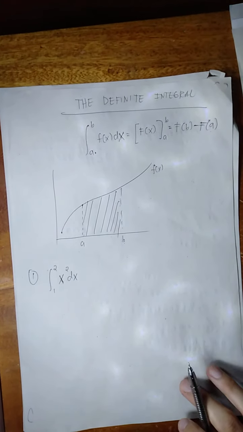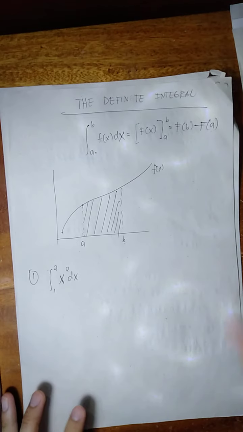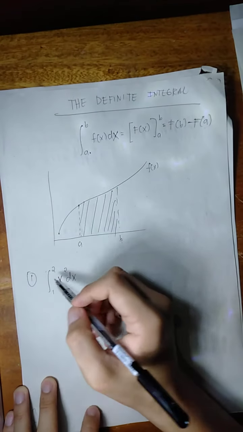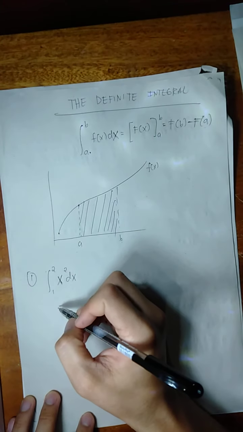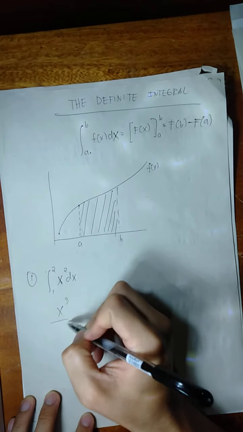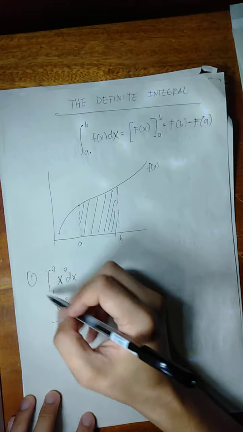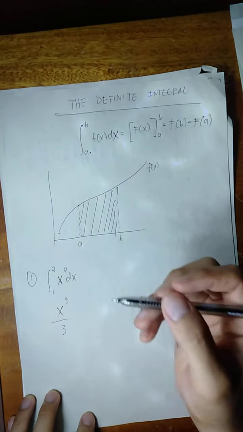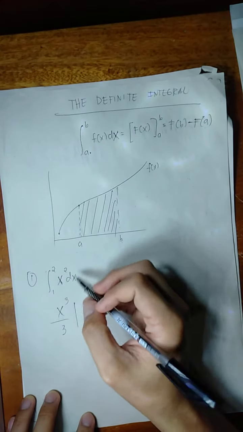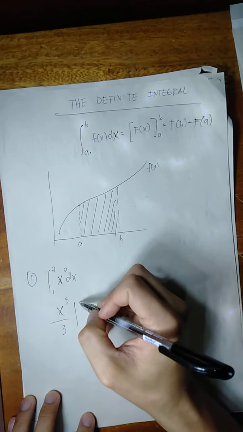Let's try to integrate. Sabi ko nga, integrate nyo lang yung function. What is the integral of x squared? Power formula lang yan, di ba? X cubed over 3. But this time, wala ka nang plus c. Bakit? Kasi exact na yung function mo, meron ka nang boundary conditions, that is integrate from 2 to 1.